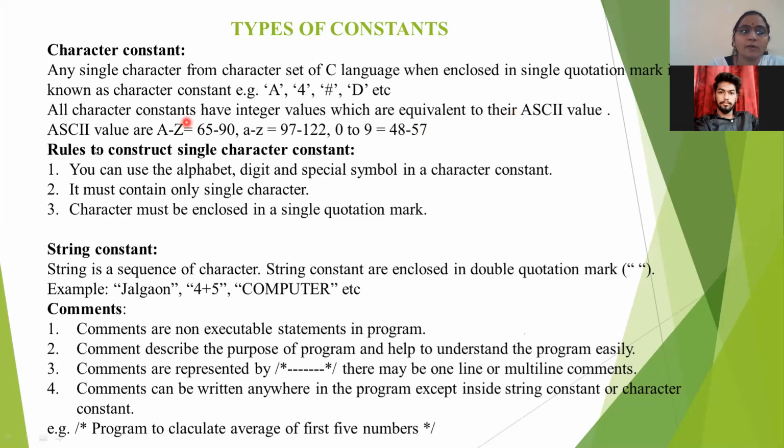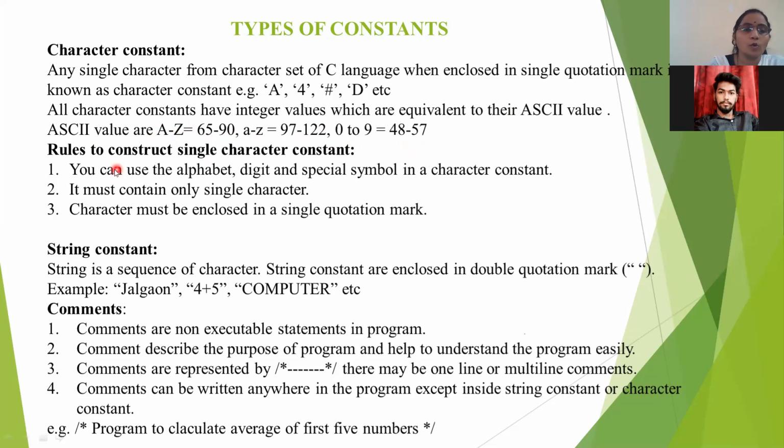Some of the ASCII values for the capital letters A to Z: 65 to 90, means capital A starts from 65 and ends with 90 for Z. Small case letters A starts from 97 up to 122. Similarly for 0 to 9, 48 to 57. So all these ASCII values are internally assigned during the processing of your program.